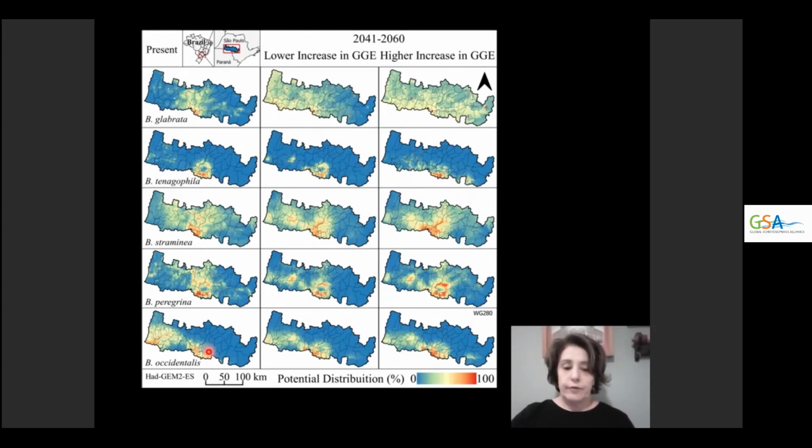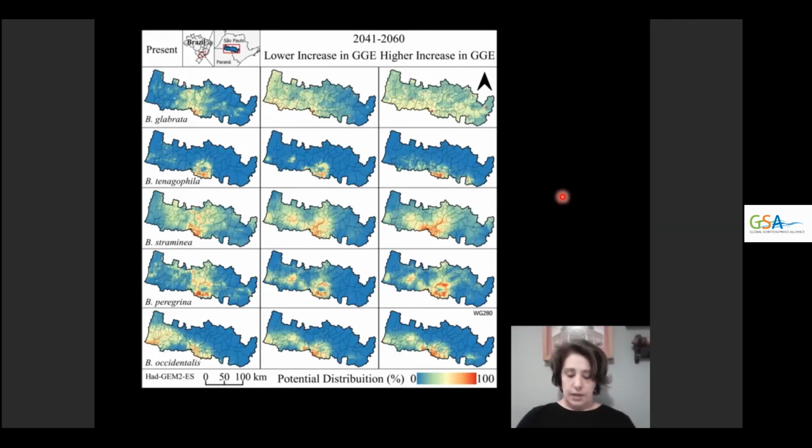And especially for Biomphalaria occidentalis and Biomphalaria tenagophila, genetics might be an important explanation. As we have observed on many occasions, Biomphalaria tenagophila and Biomphalaria occidentalis are so depauperate in terms of genetic diversity. And we know that adaptation is linked to genetic variability.